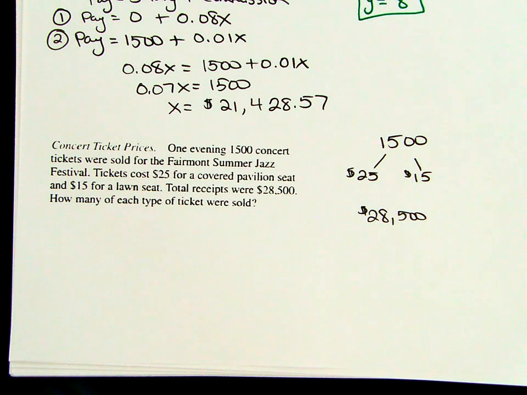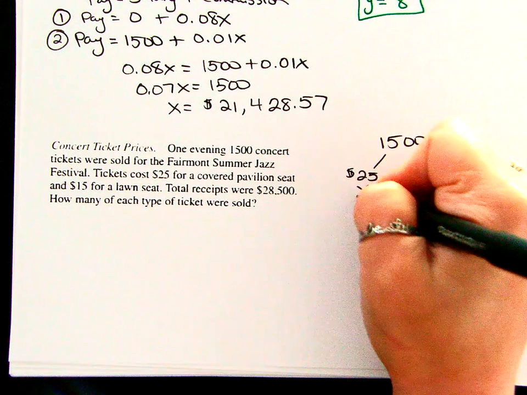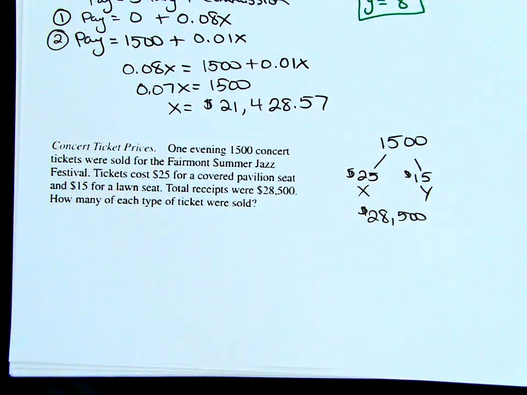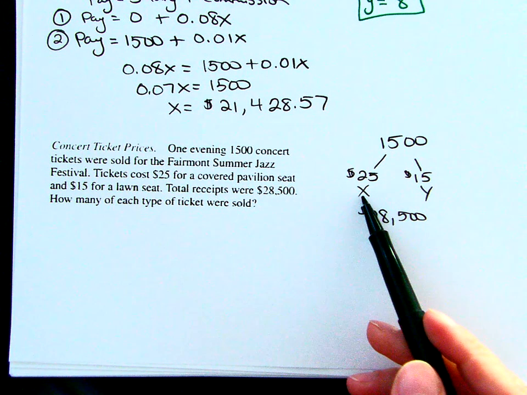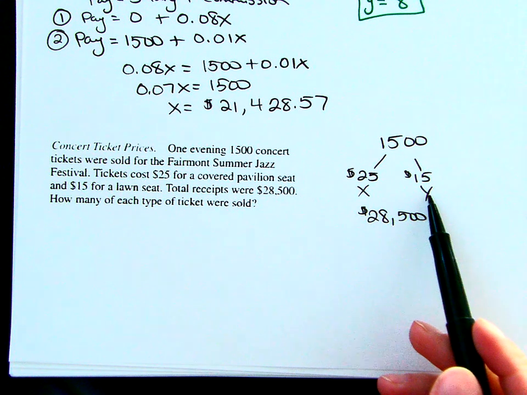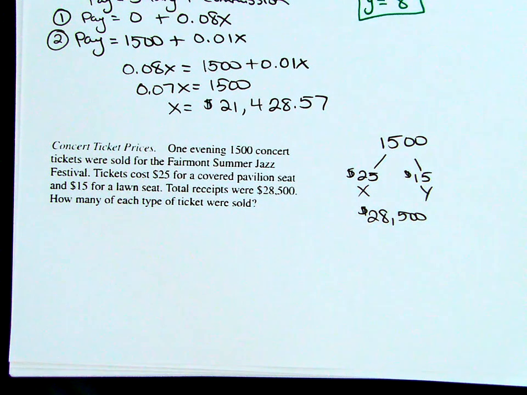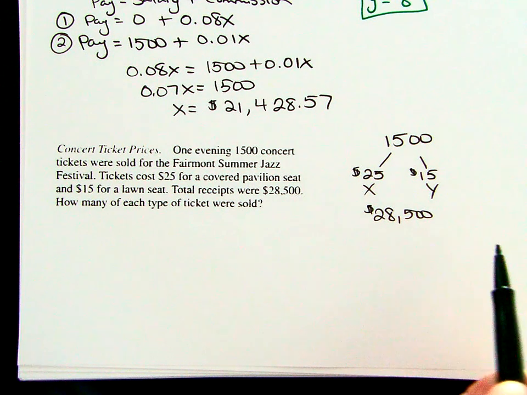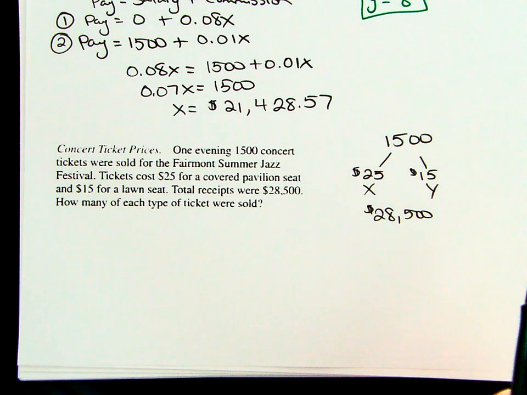So think of this a lot like we did with the snacks. If we sold X amount at $25 and Y amount at $15, how many total did we sell? 1,500 tickets.